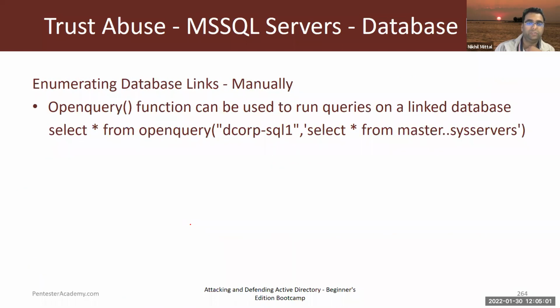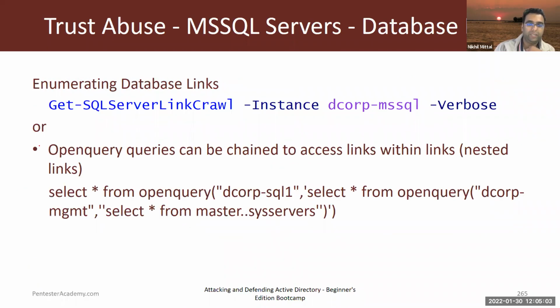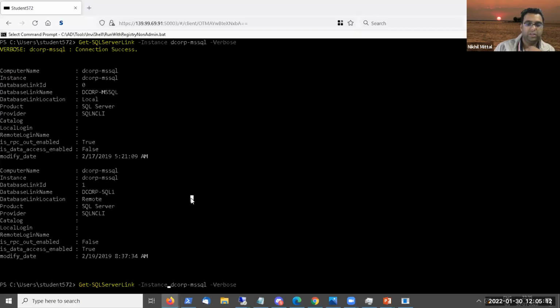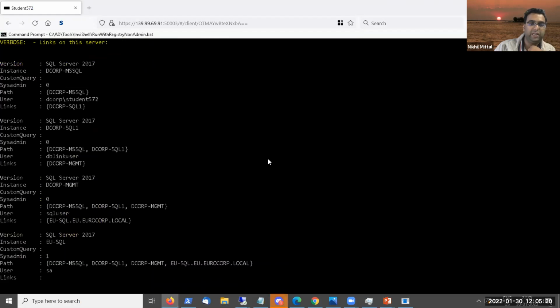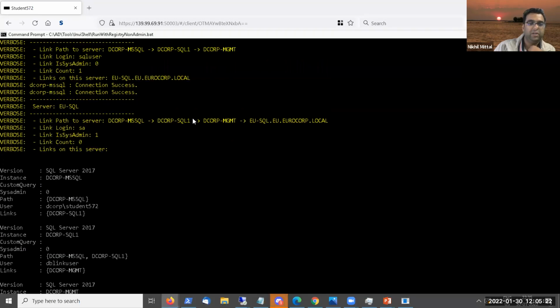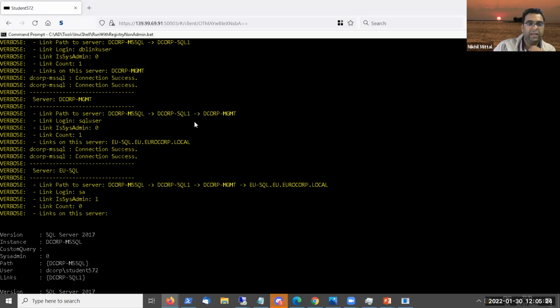Yes, we can use Get-SQLServerLinkCrawl. As the name suggests, that actually goes through all the SQL Server links as long as there are any. All right, so what do we have here?